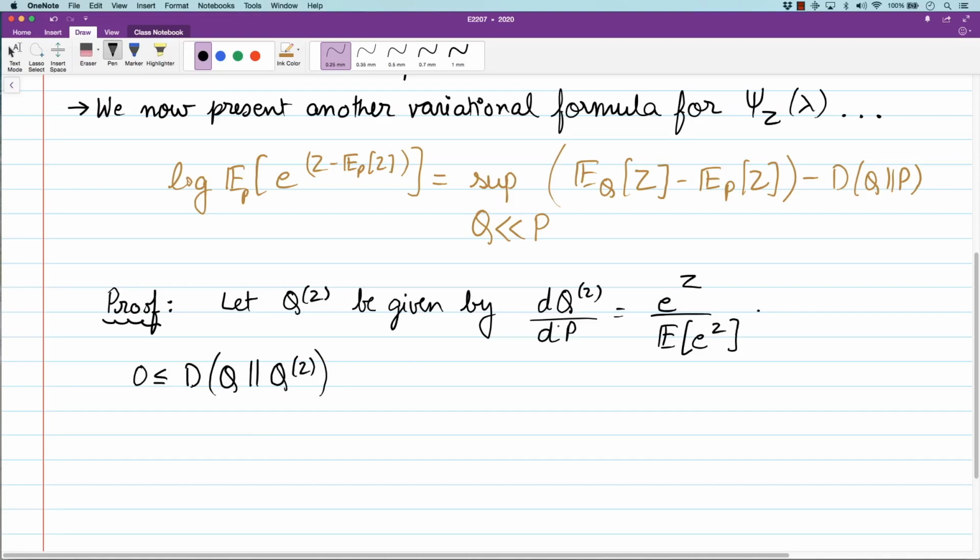To talk about this divergence, we first must ensure that Q also has a density with respect to Q_Z, and that's something that can be verified. So what is this divergence? This divergence can be written as the expected value over Q of the density of Q with respect to Q_Z times the log of the density of Q with respect to Q_Z.